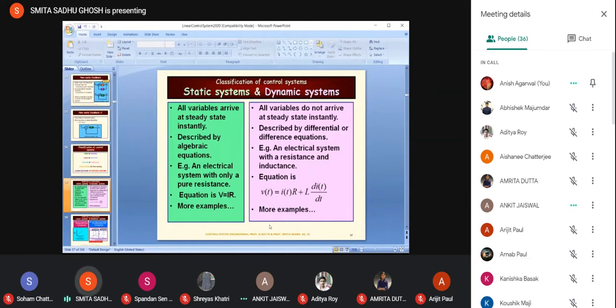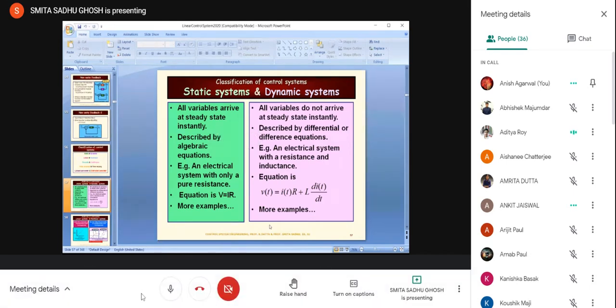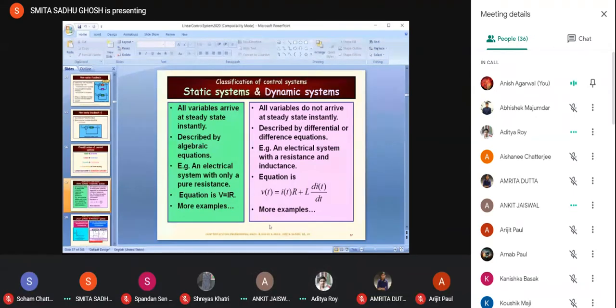Yes, constant, something is moving at a constant velocity. But ma'am, then its position cannot be defined at any moment, in single dimensional motion. No, the basic theory is that if you are able to describe the model by using only algebraic equations, then it is going to be considered as static, right?